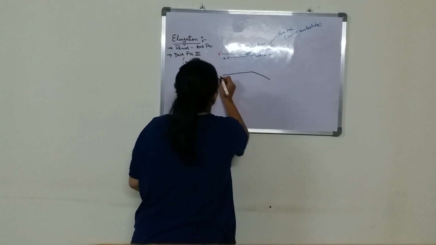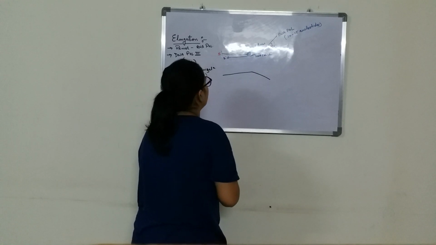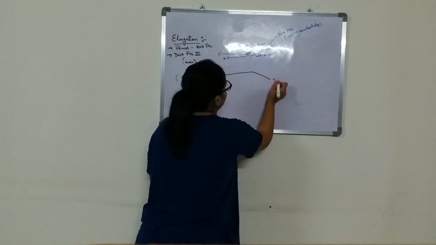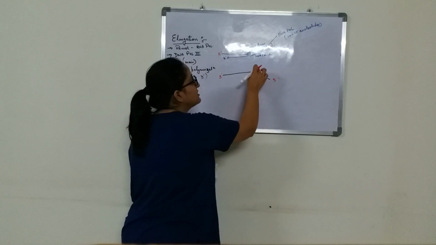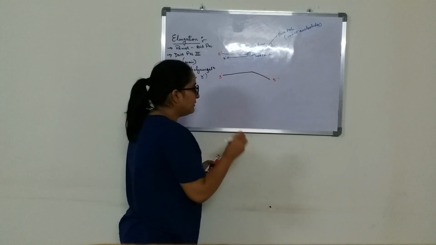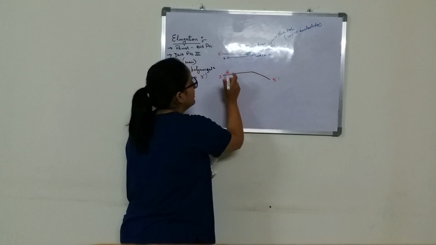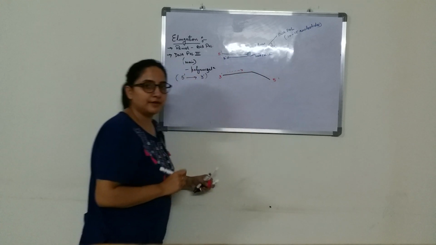All right, this should be 3 prime to 5 prime, right? Now the replica, the daughter DNA strand that is produced, will be from this direction, right? Now it will be from this direction, right?